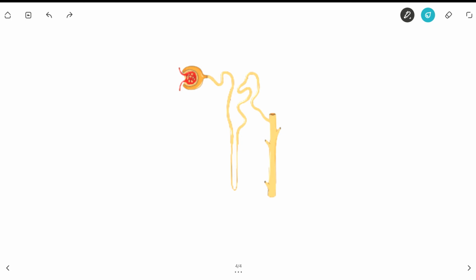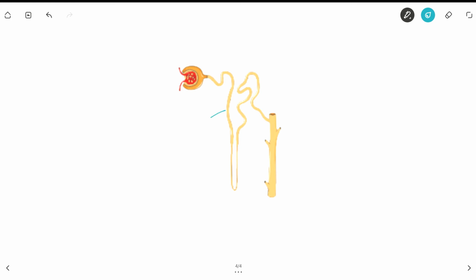So once this filtrate passes the Bowman's capsule, it's sent into the proximal tubule, which is this tube over here.